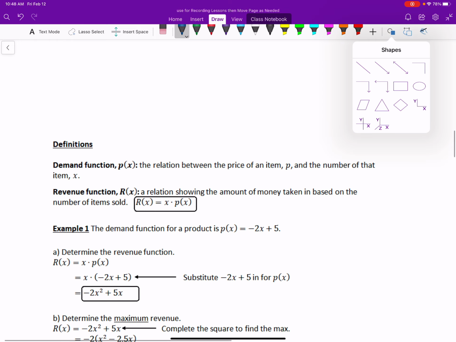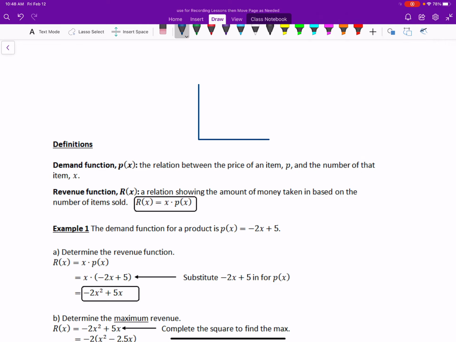So if you had a business, say you were selling a product, maybe you had the price of the product here, and then the revenue here. Then as you increase the price of your product, going along the x-axis, it makes sense you're going to get more revenue for the products that you sell.